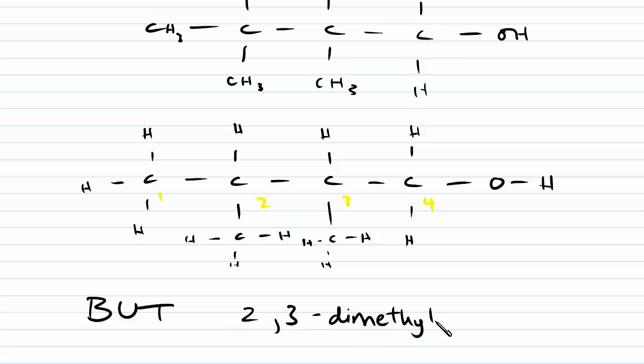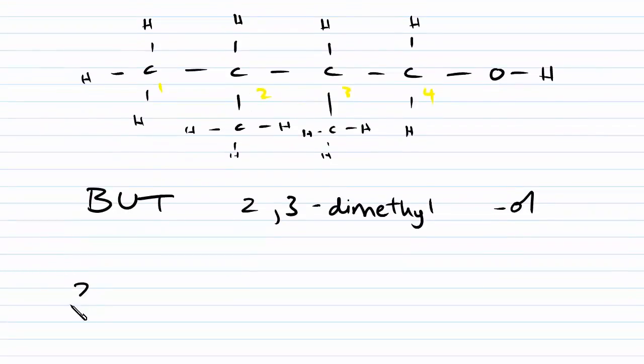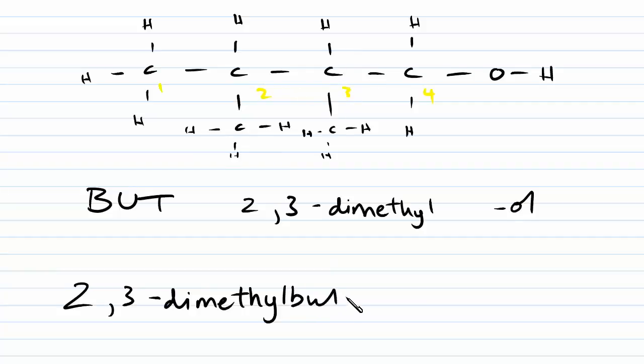And do we have any functional groups? Well, actually we do. We have an OH, so it's going to be an alcohol. So the molecule is 2, 3 dimethyl, di meaning 2, 2, 3 indicating there's 1 CH3 group or 1 methyl group on our second carbon and 1 on our third carbon, and then we have butanol.